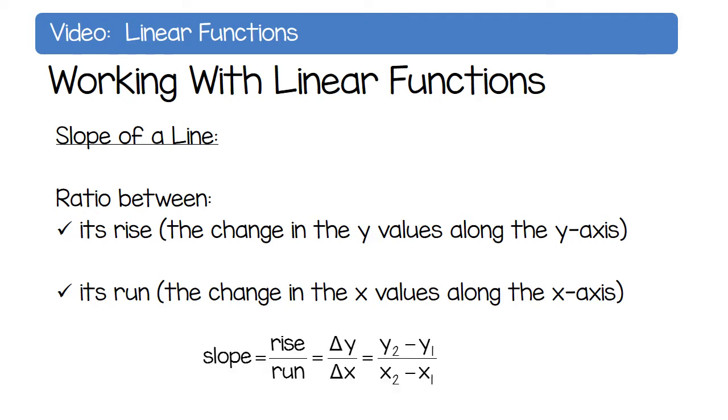The formula that we will use is the slope equals the rise over the run, which is the change in y divided by the change in x, which can be found by calculating the second y value minus the first y value divided by the second x value minus the first x value of the two ordered pairs on the line.